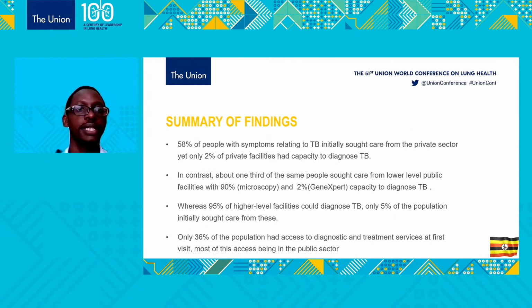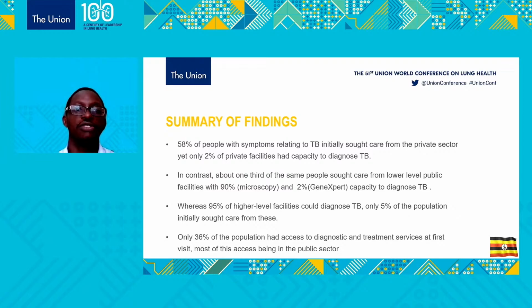And then for treatment, for diagnostics, we found that the lower level public facilities in the brown had 90% availability of diagnostic capacity. That is mainly microscopy, and 2% for GeneXpert facilities.